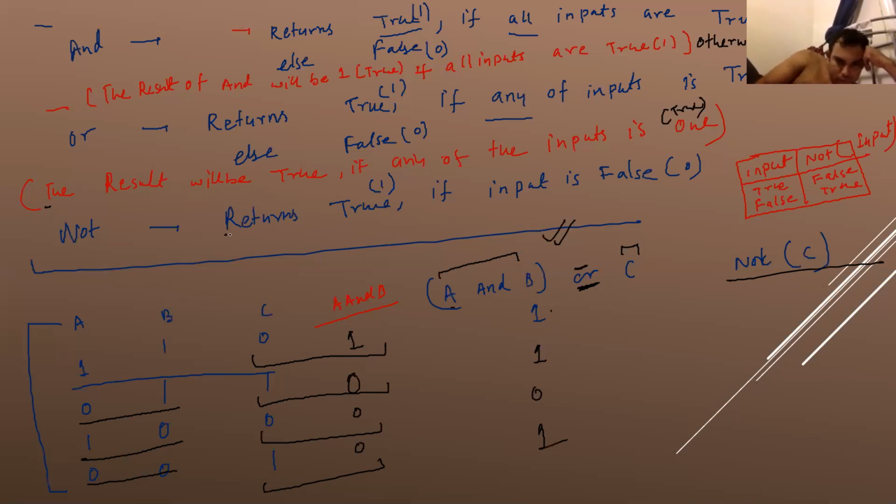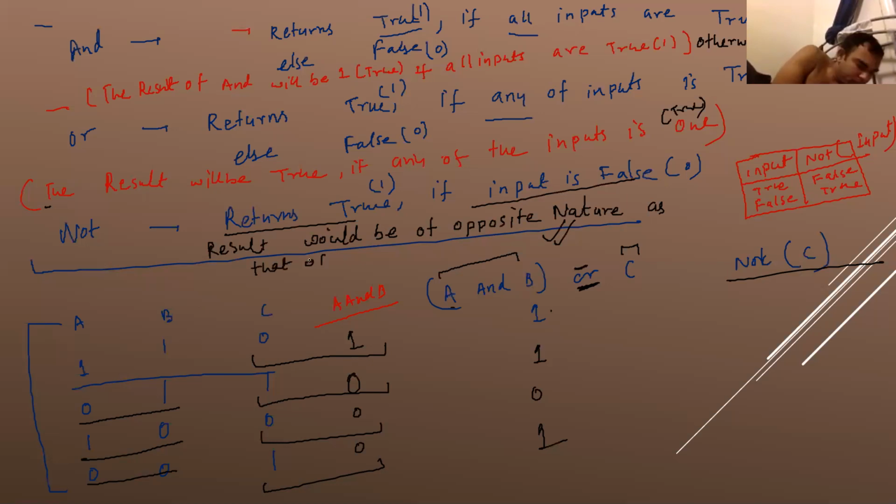In the NOT operator, it will return true if the input is false. The result would be of opposite nature as that of input.